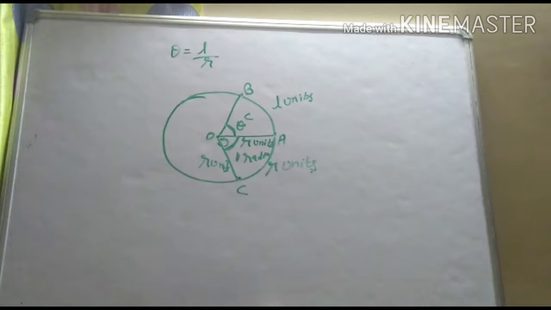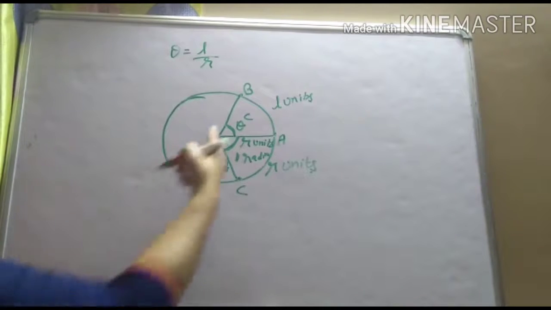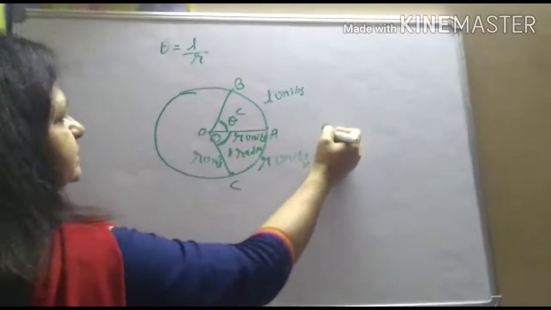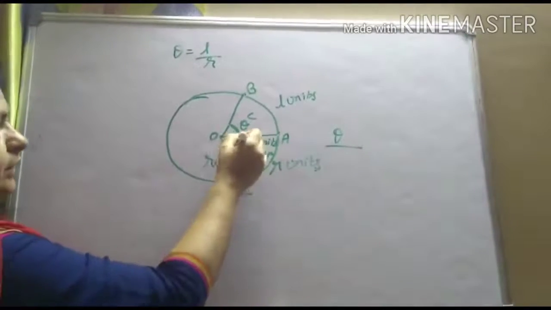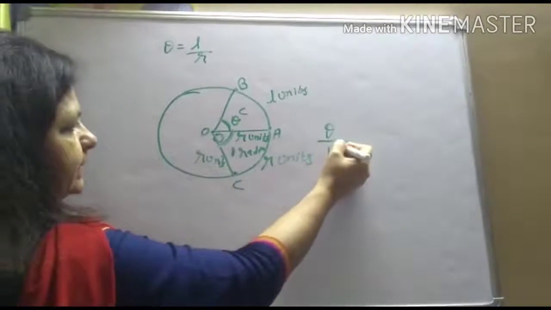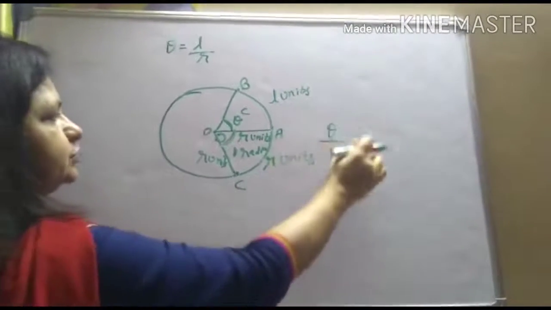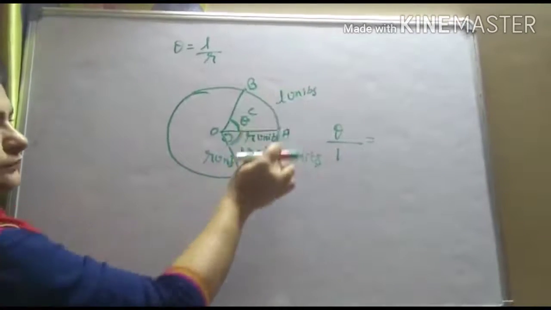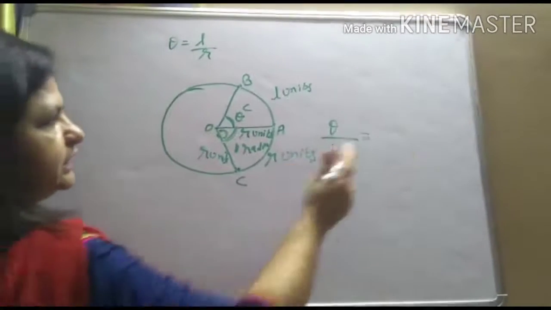Now we know that the measures of central angles of the arcs of a circle are proportional to the lengths of their arcs. It means this ratio, theta radians upon 1 radian, is equal to the ratio of their lengths of arcs.